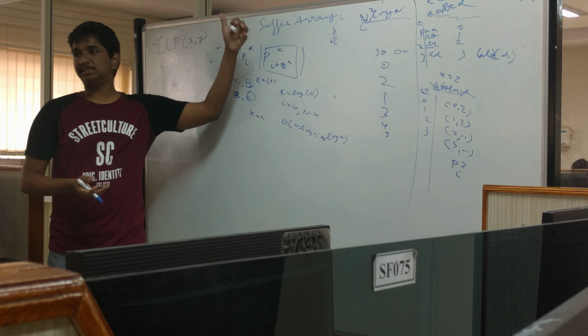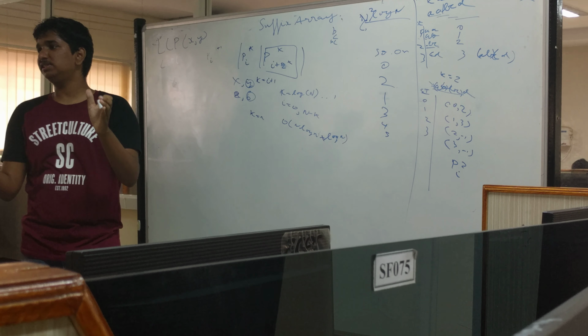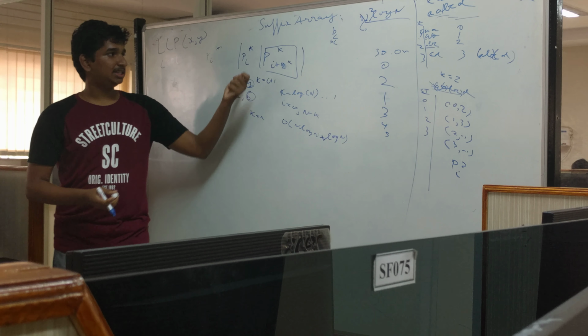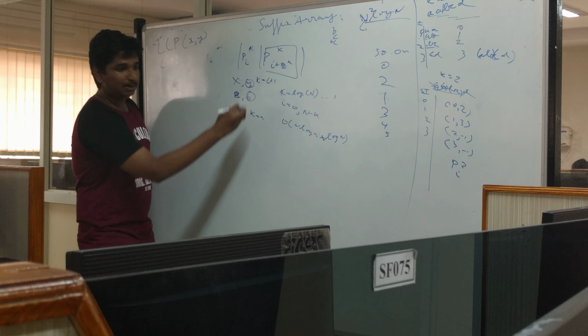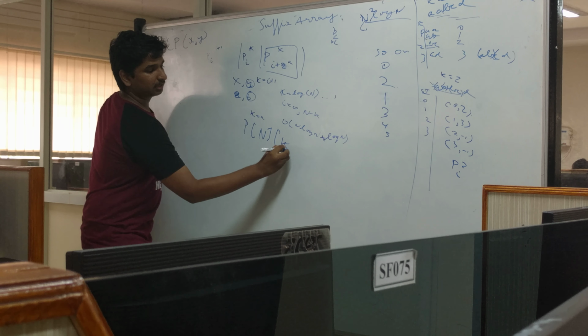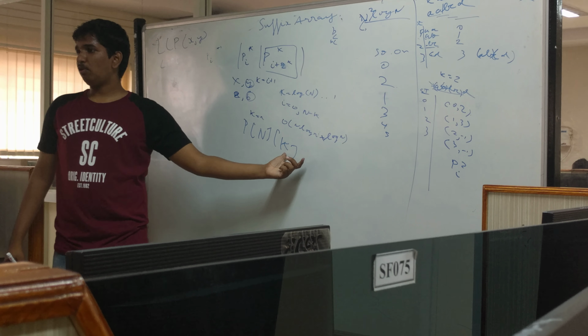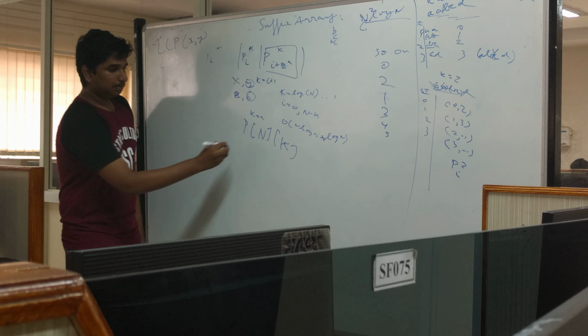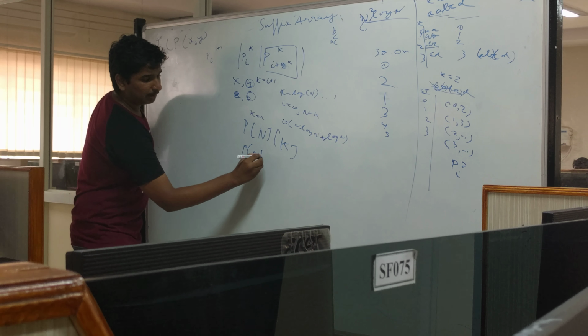But the suffix array is simpler. I have to just store the suffix positions in sorted order, but building that will take all these values. So this P will be nothing but P of n comma k. At the kth step, what is the position of the ith index suffix? So the P of n comma log n.